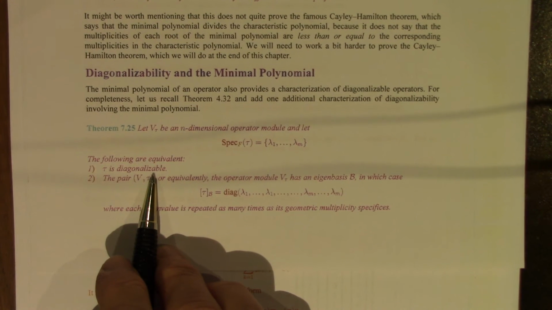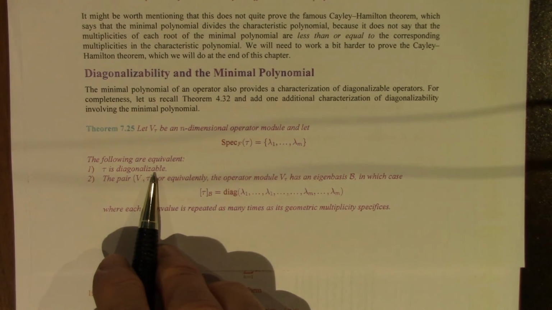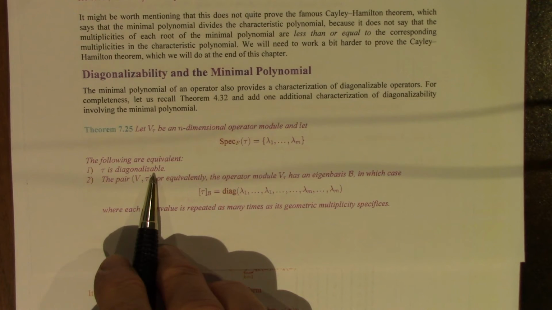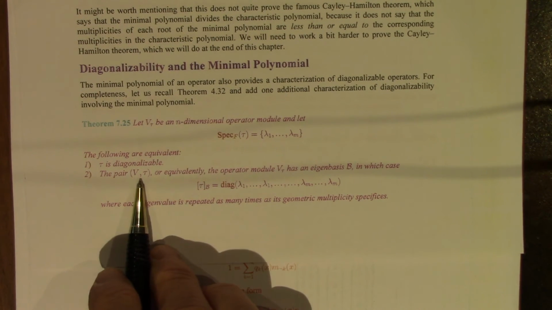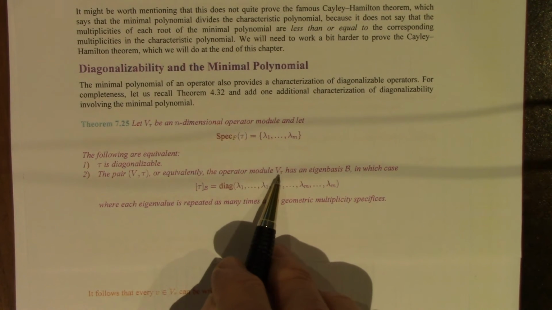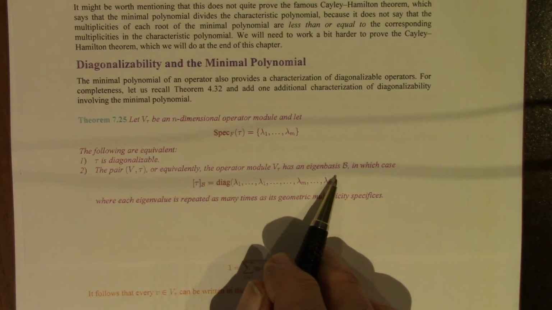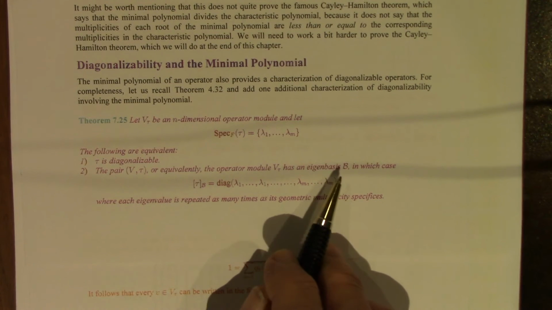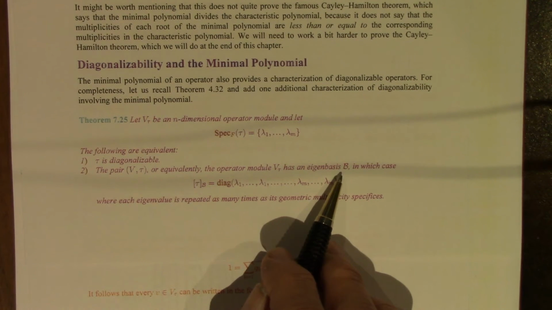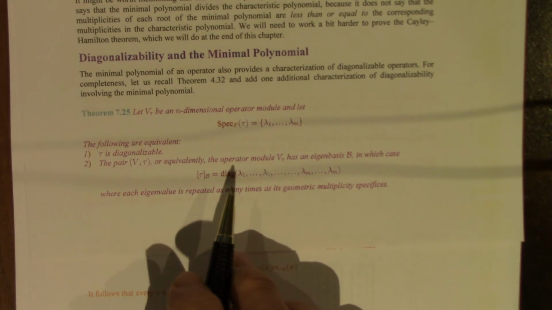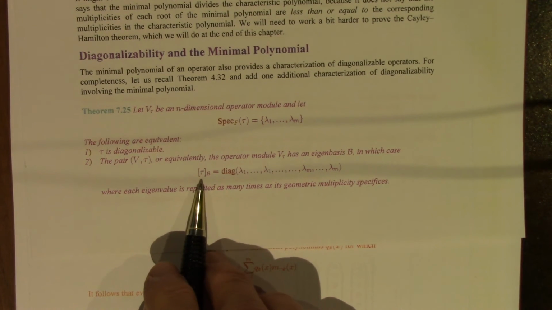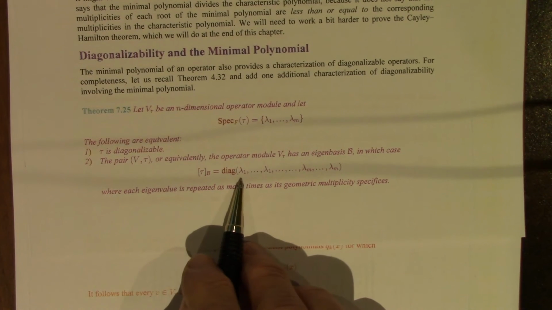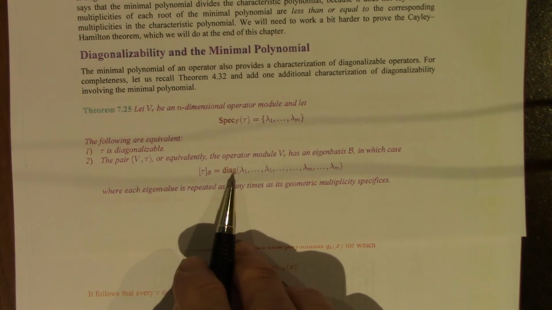Tau is diagonalizable. Remember, that means that it can be represented by a diagonal matrix. The pair (V, tau), or equivalently the operator module V_tau, has an eigenbasis. That's a basis consisting of eigenvectors. And in that case, the matrix representation of tau with respect to that eigenbasis is a diagonal matrix, and I've used this notation to save space here.